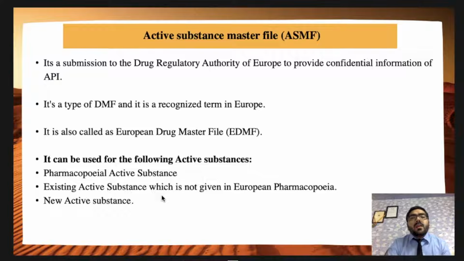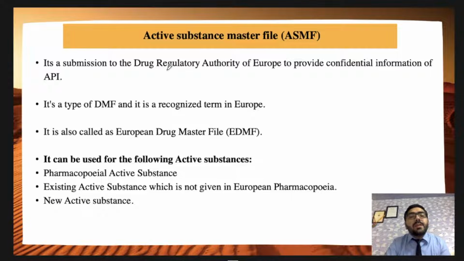Okay. Then coming to the active substance master file. What is the active substance master file? It is similar to DMF, but the main difference is that DMF is submitted for the US and ASMF is submitted for Europe.